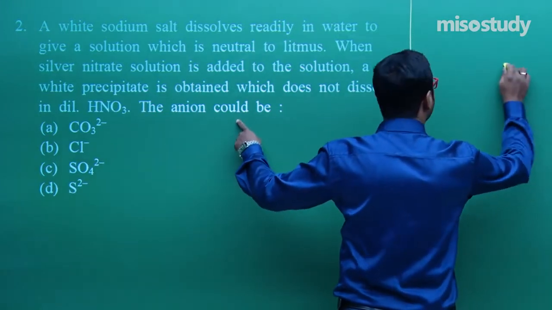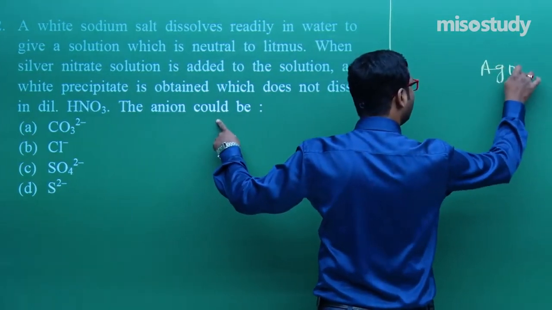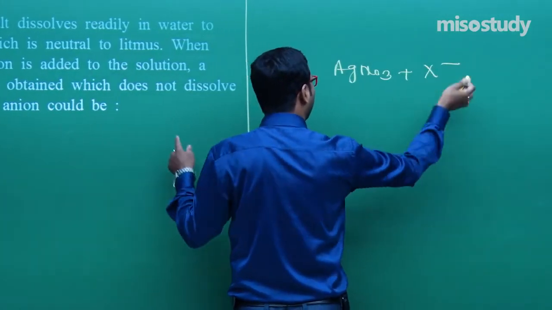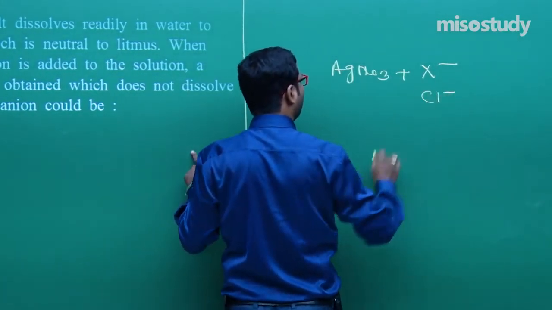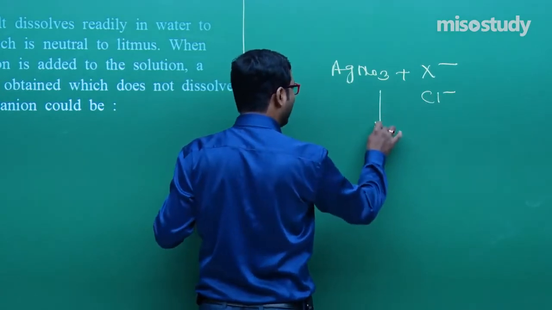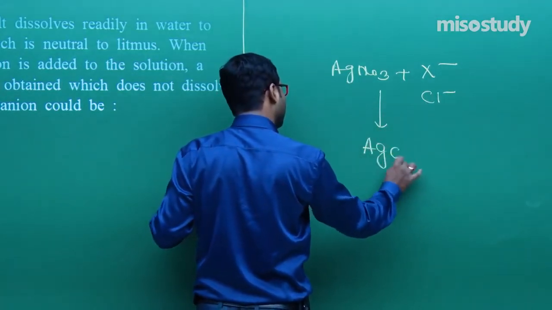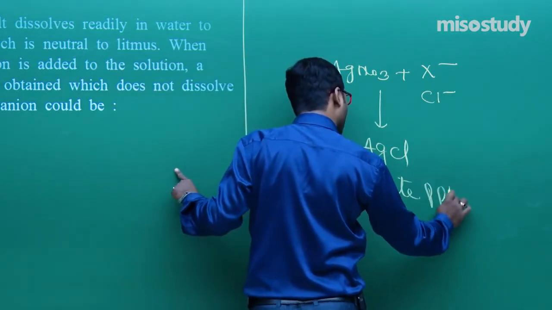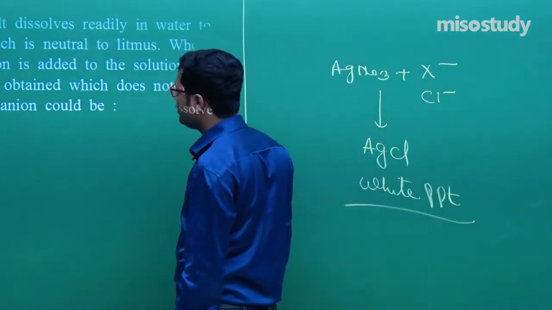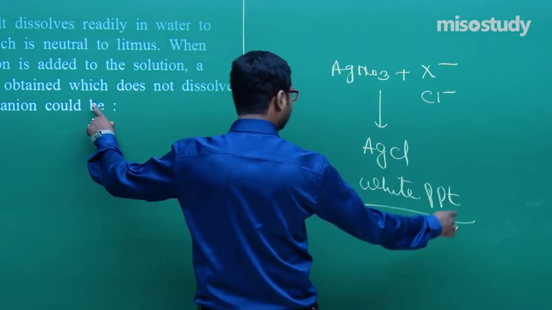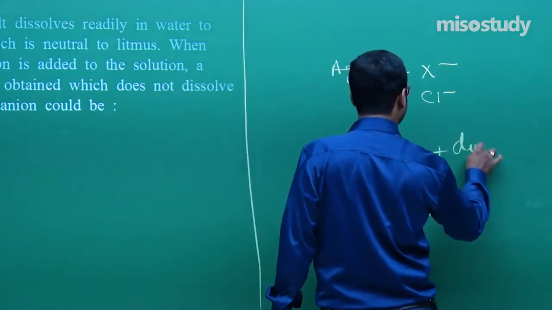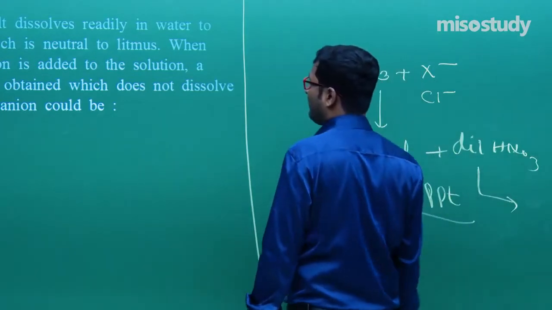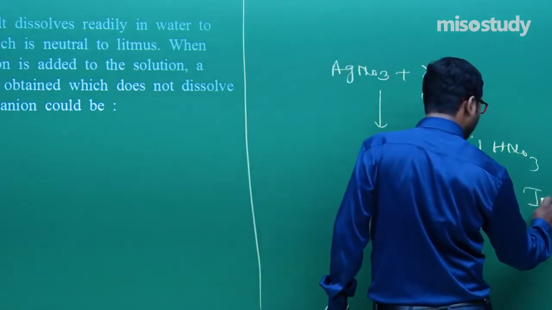As we know, if AgNO3 is present and the ion is a halide, and among halides if the ion is chloride, it will form AgCl, and we know this forms a white PPT. Clear to you? When treated with dilute HNO3, it is not soluble; it forms an insoluble product.